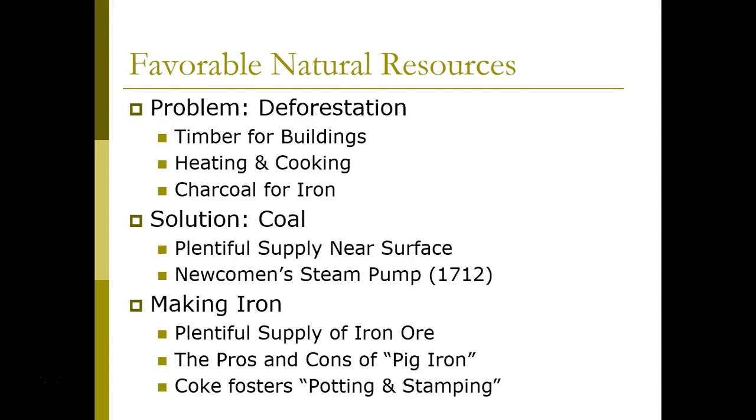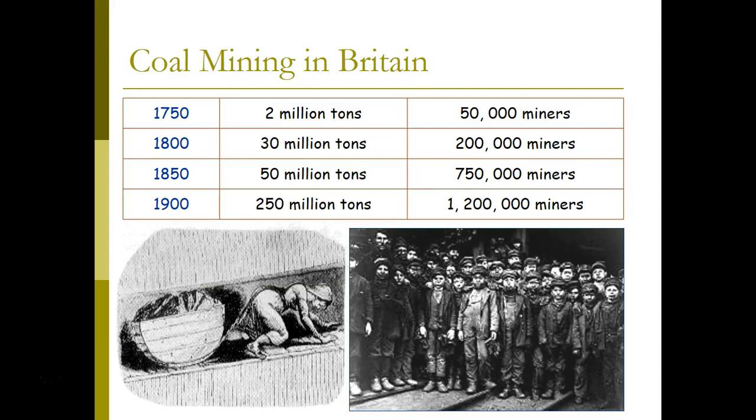And so that allows a new process for making iron called potting and stamping. So it produces a way that it's cheaper and it's better quality iron, and you can make a whole lot more of it. All of these are benefits of the geographical context in the island of Britain, which make it kind of unique. In this table, what you see is the extent to which coal production becomes a driving factor in British society in the Industrial Revolution.